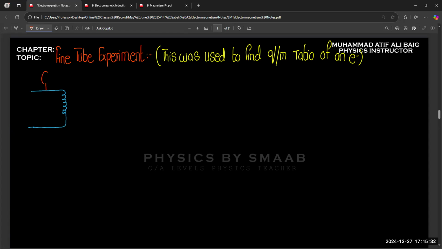So this side is positive and this one is negative. Electrons are emitting out from here, and now they are accelerating in the forward direction.